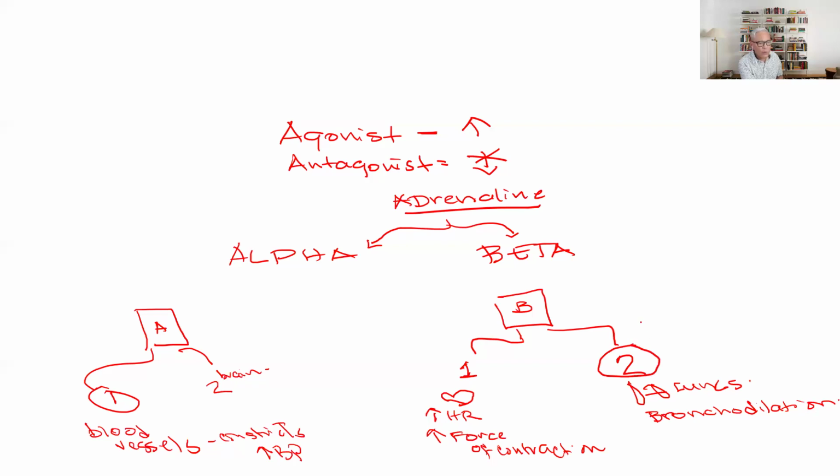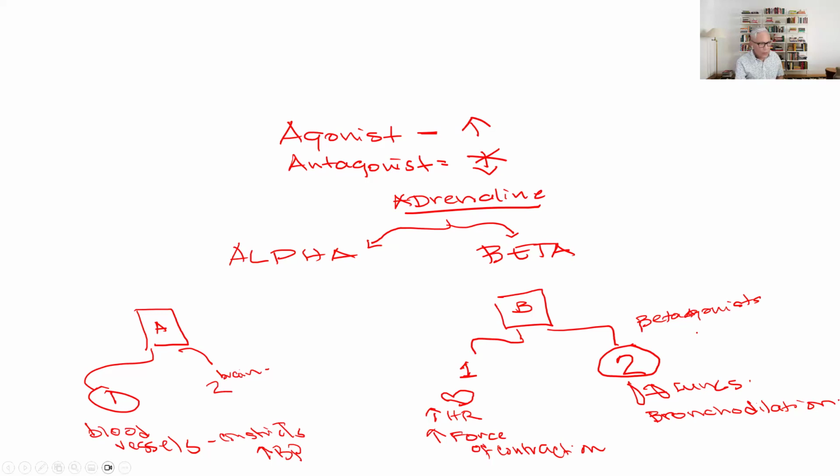So that's why you call them beta agonists. So beta agonists are drugs, therefore, that increase the effects of epinephrine in the lungs and therefore could cause bronchodilation.